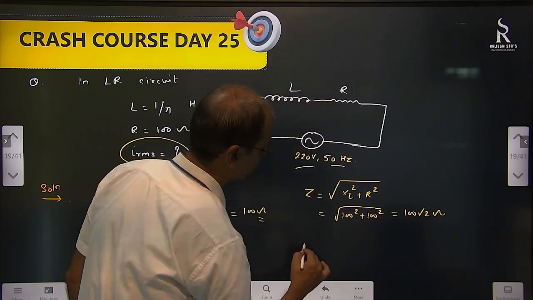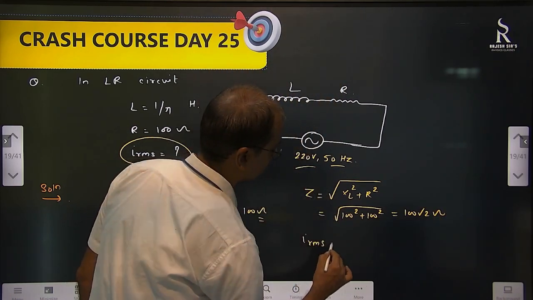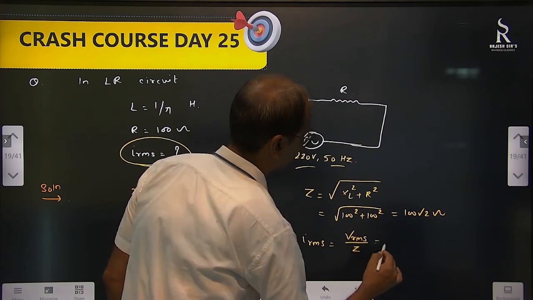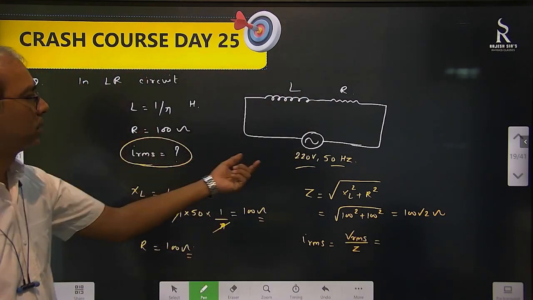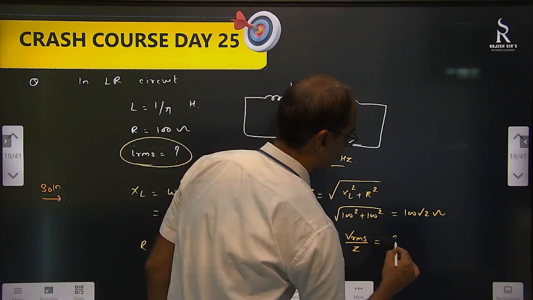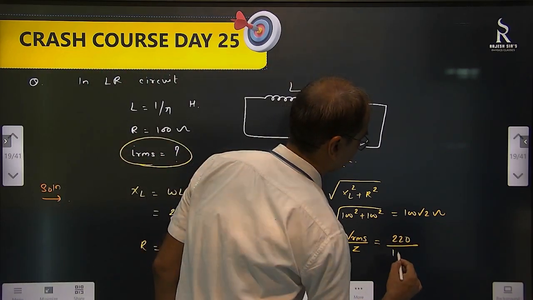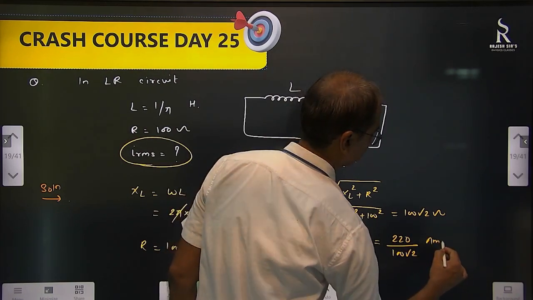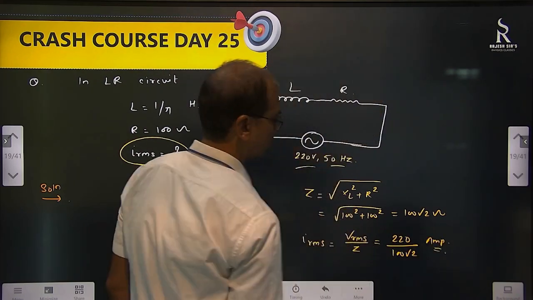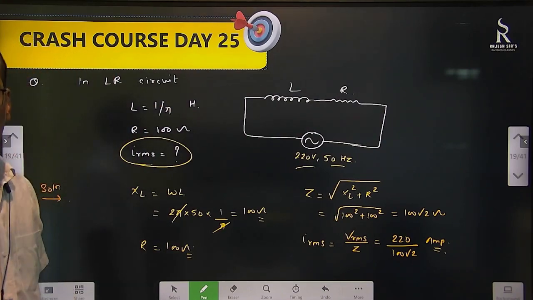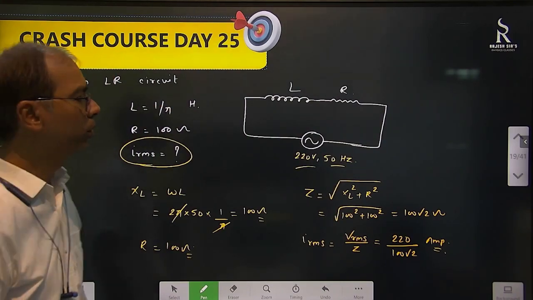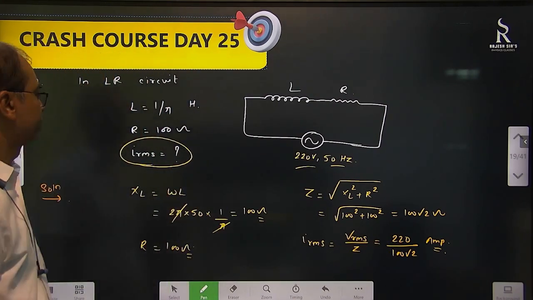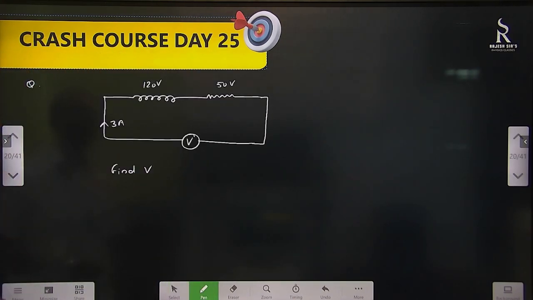So IRMS will be VRMS by Z. What is VRMS? 220. So 220 by 100 root 2 ampere is our IRMS value. Clear? Okay, let's move ahead.